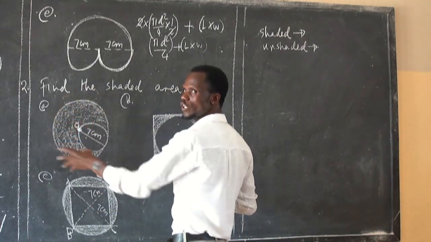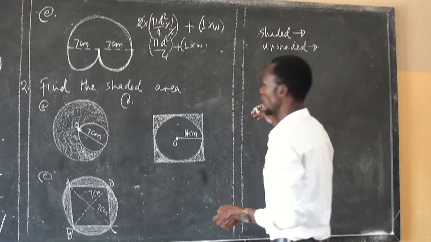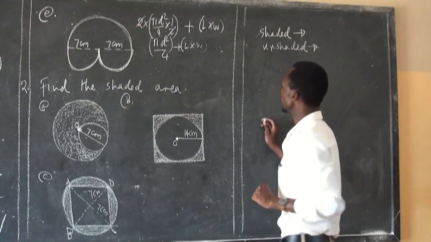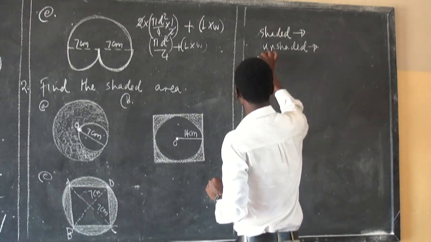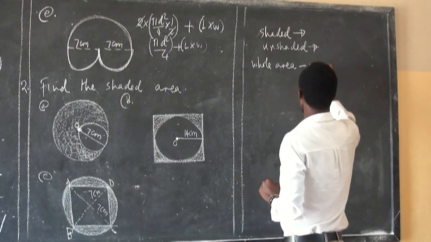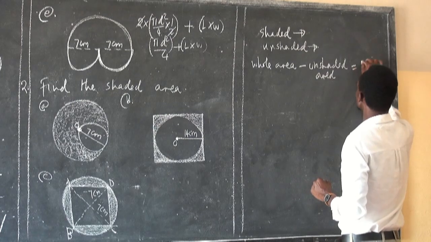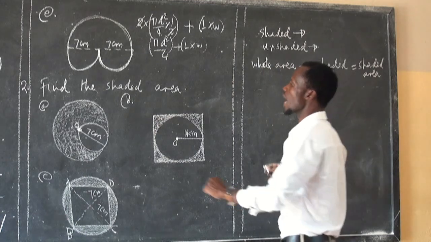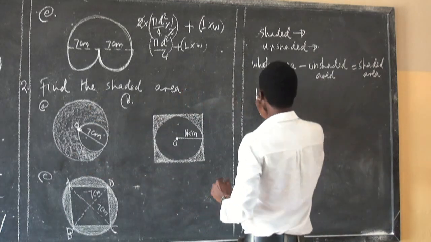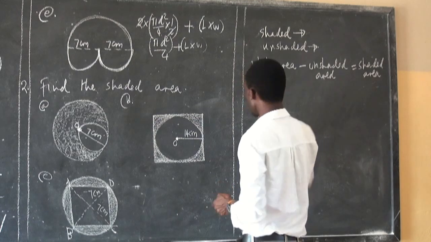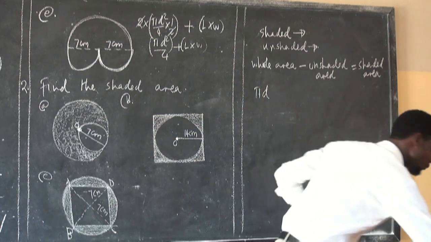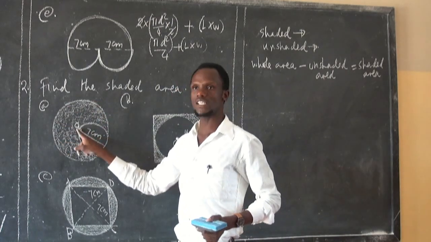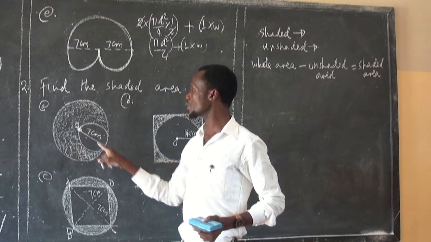Now, let us start with this one. The area of the whole shape, that is the circle. You understand? Now, the whole area minus the unshaded one is equal to the shaded area. Now, the whole area here is a circle with radius, because this is the center of the circle and the radius is 7.